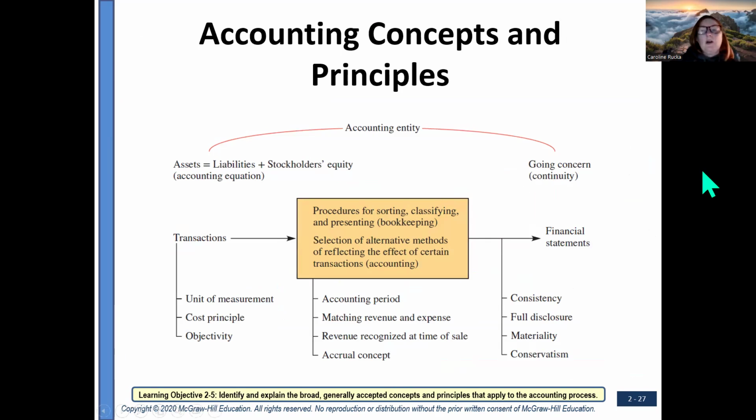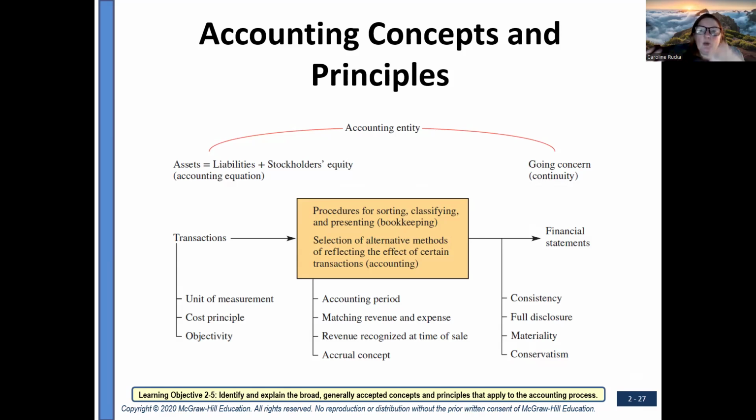So a few assumptions that we need to make going into both our financial accounting and our managerial accounting. We need to assume that our business is a going concern.